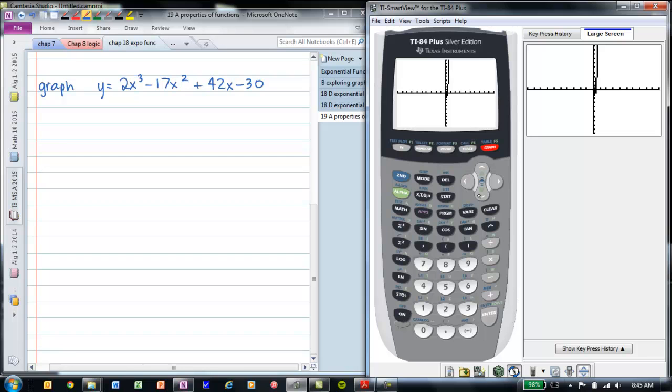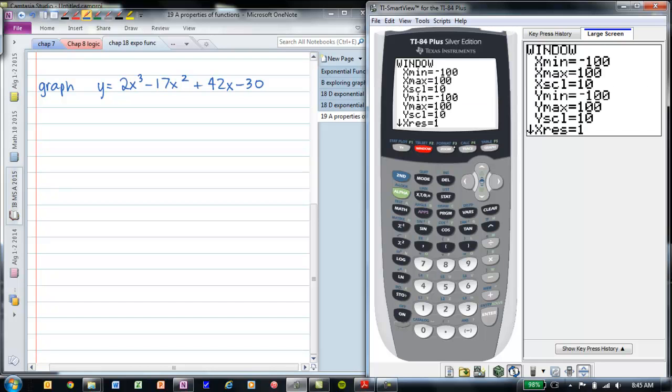Clearly I don't need to be as wide as I am, so I'm going to set my window again, making my x's a little more narrow. Since I'm counting by hundreds, basically I could go from probably like negative 20 to maybe positive 20, and that should probably give me everything that I need.